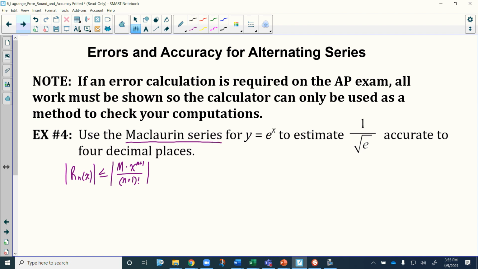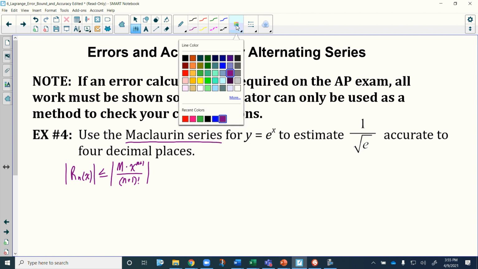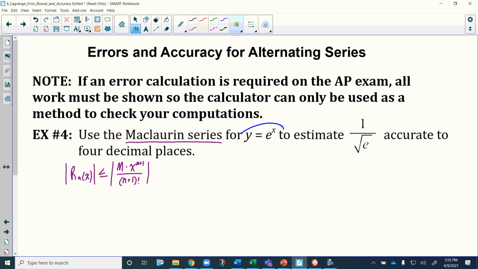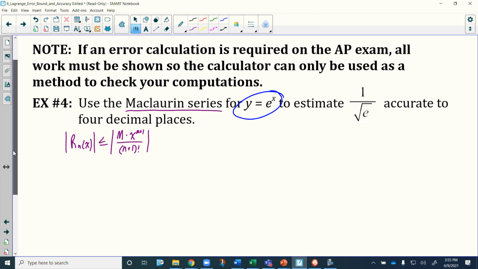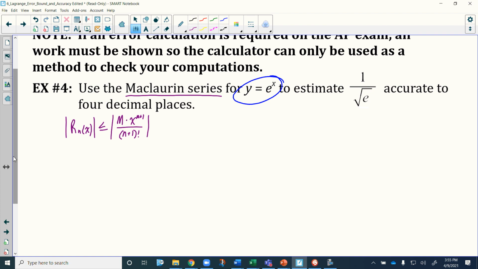In this case, we're using a known quantity, y equals e to the x, to help us estimate that. If I use y equals e to the x as my expression, I'm going to say f of x could be equal to e to the power of x.